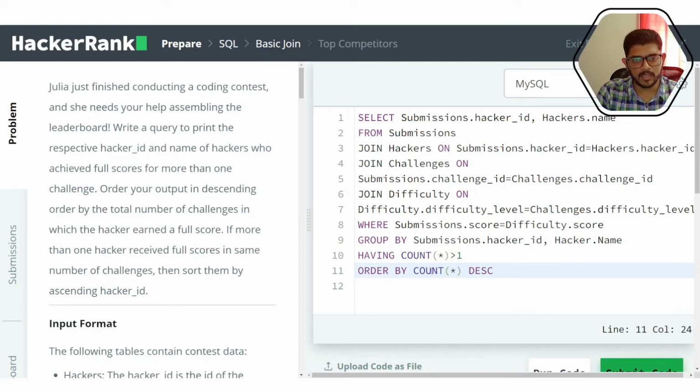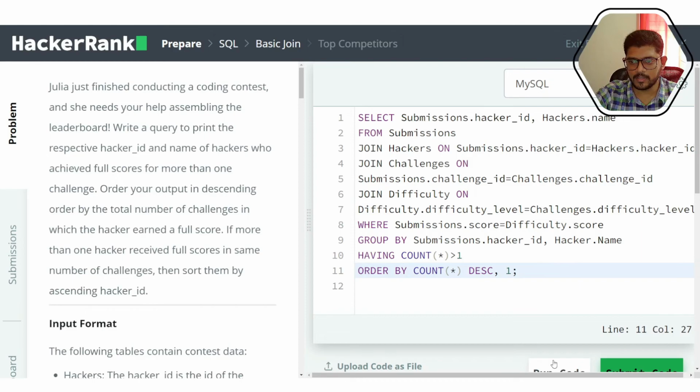That makes sense. Wherever there is a tie, we will have to order them by ascending order of the hacker ID. So I'll simply put 1. That 1 refers to this hacker ID. I don't have to say ascending because by default it's ascending.